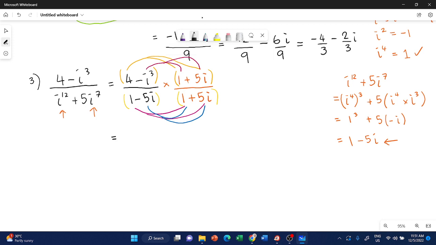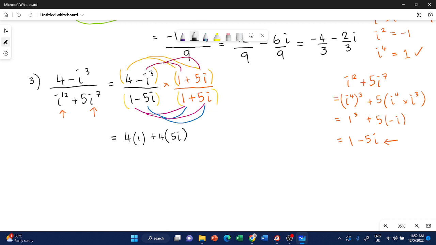Okay, so we are going to multiply the top first. We have 4 times 1, and then 4 times 5i. Follow the orange one.